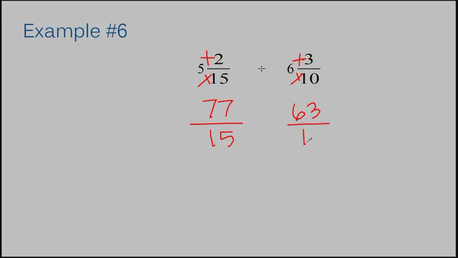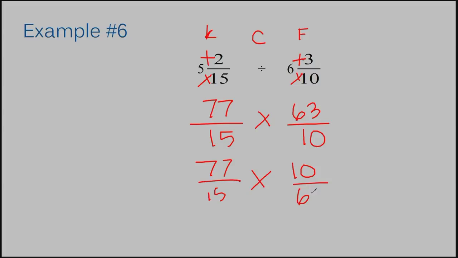You put that over 10. Remember, we want to keep it, change it, flip it. So we are keeping the first fraction the same, changing the sign to multiplication from the original division sign, and flipping the last fraction to its reciprocal.